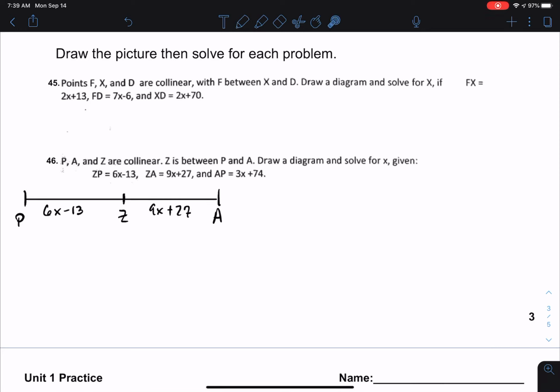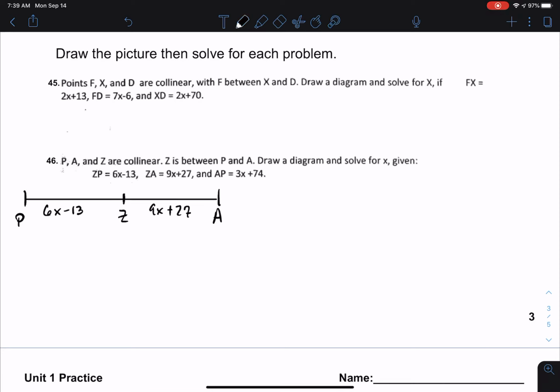And then AP, so from A to P or P to A, whichever you want to call it, the total distance from here to there is 3X plus 74. So what that means is you can set up an equation, okay? You could say that this little part here, plus this guy right here, if I add them together, it would give me the total distance, which we know is 3X plus 74.